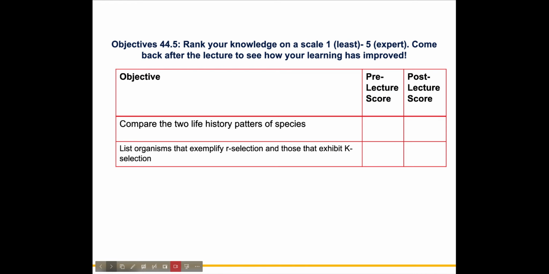And then our last thing here is really putting all of these ideas together to figure out life history and how we have our rate of natural increase and K, our carrying capacity species.